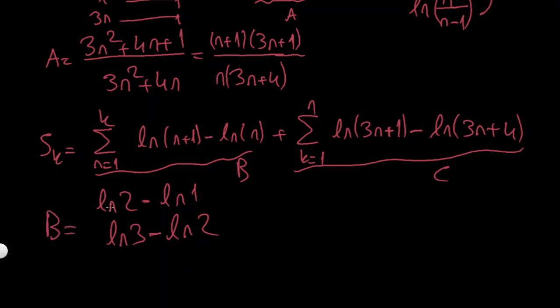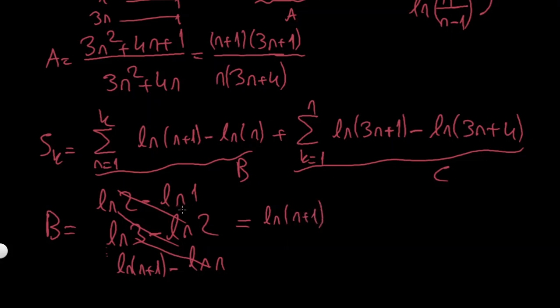So b is going to be ln 2 minus ln 1, ln 3 minus ln 2, and all of these terms will cancel, and in the end I'm going to have ln of n plus 1 minus ln n. So this ln n will also cancel, and b is going to be equal to ln of n plus 1 minus ln 1, which is 0. But sorry, here I'm adding up to k, so these are actually k plus 1, and this is ln k. So b should be ln of k plus 1. Sorry about that. Now I found b.